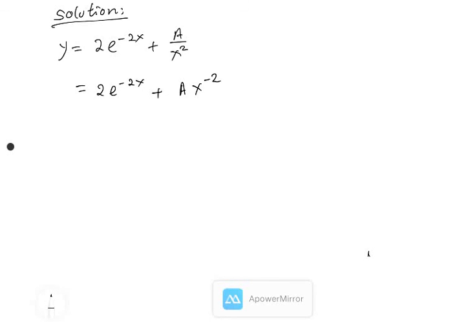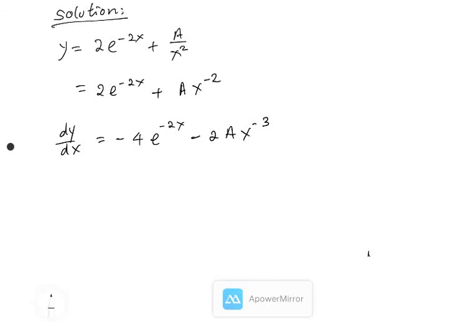Then you differentiate y, so you get dy over dx equal to negative 4 e to the negative 2x minus 2a x to the power of negative 3.